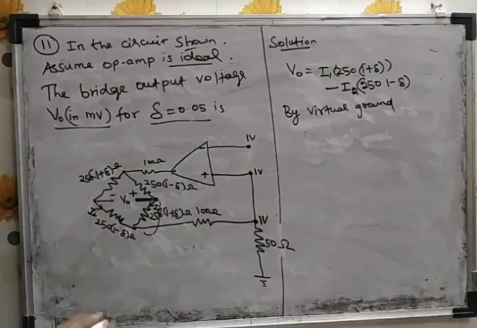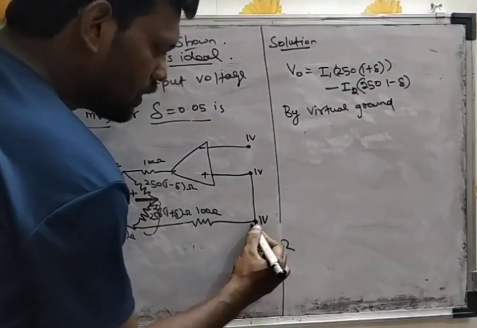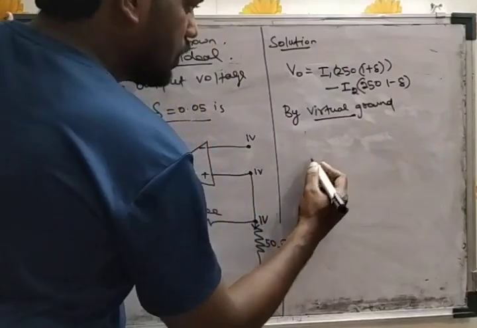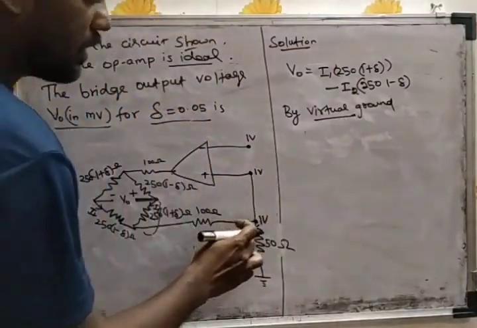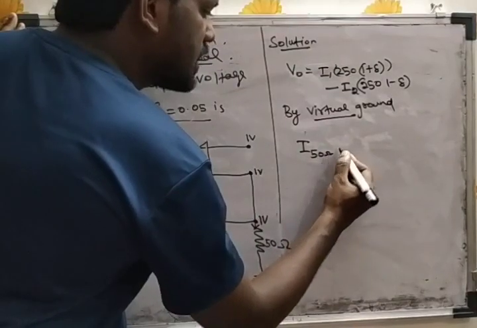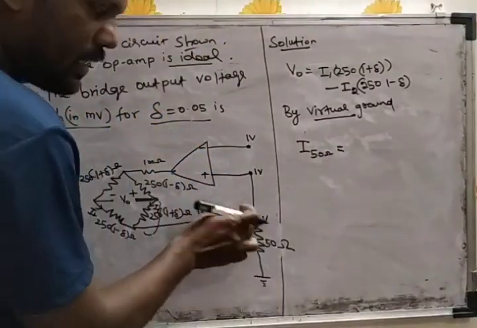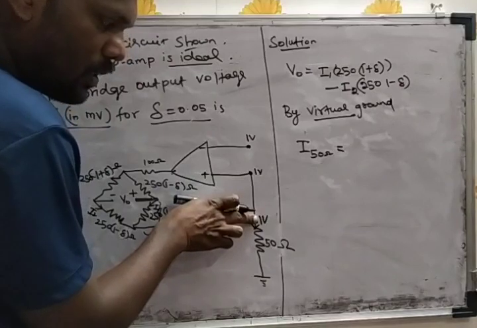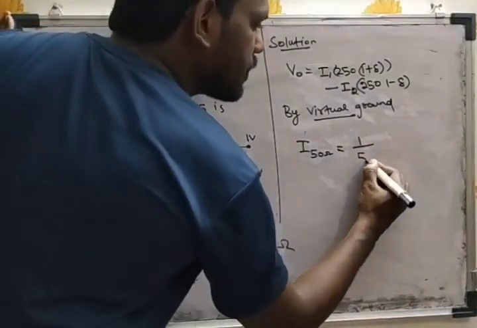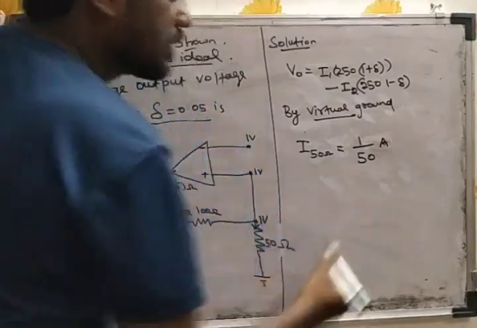The current flowing through the 50 ohm resistance is I50 is equal to 1 by 50 amps.